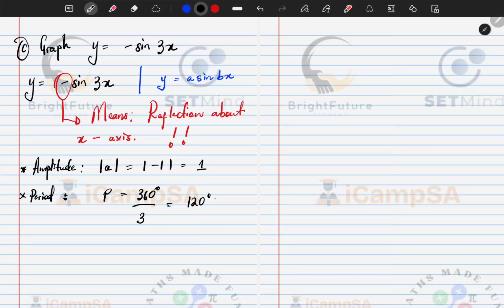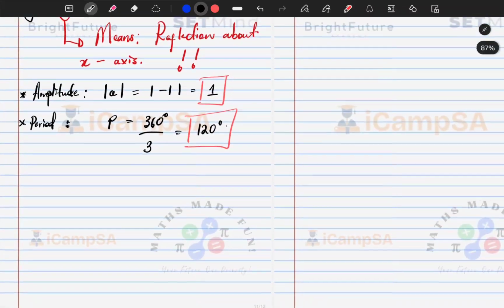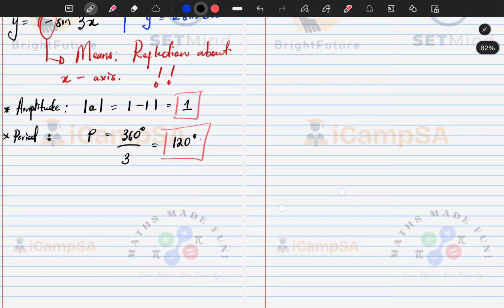So it's going to take us 120 degrees to complete one cycle. Now we have what we need.